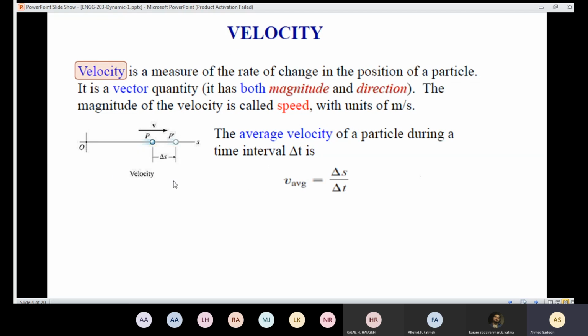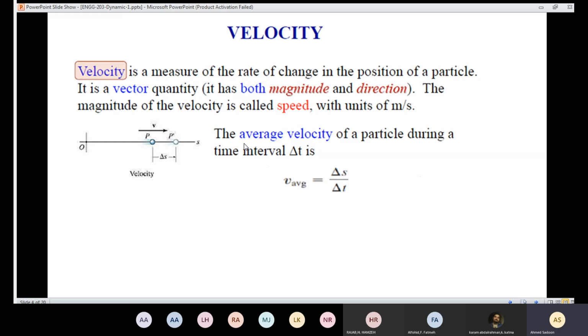So here we have the average velocity. So if I have a particle moved from here to here, and I need to know the average velocity for that interval. So assume the time here is 2 and the time there is 4. And I know the position for the initial location and for the final location.